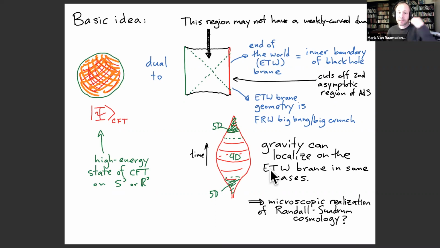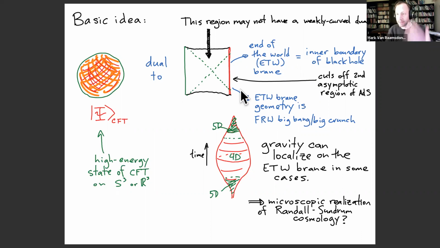And later, I'm going to talk about the possibility that in some cases, maybe this entire 5-dimensional part of the geometry might be strongly curved. So in some cases, it might be that the only really geometrical part of this entire picture is this end of the world brane.